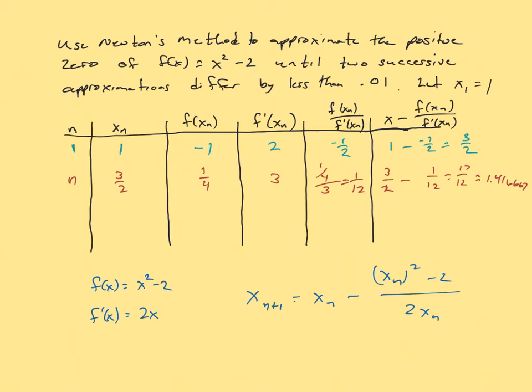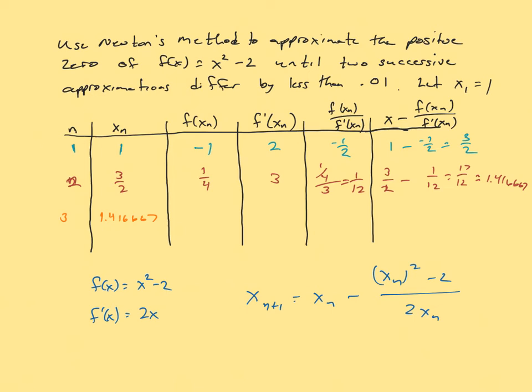So this was when n was equal to 2. Now we're going to look at what happens with n equals 3, because we now have our third guess. So when n is 3, I'm going to put in the 1.416667.